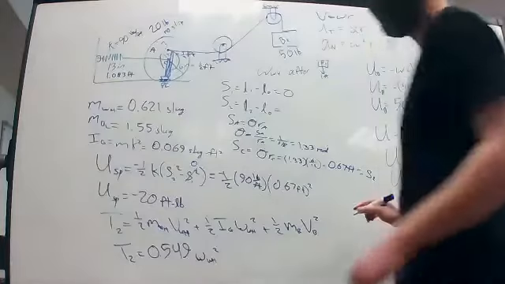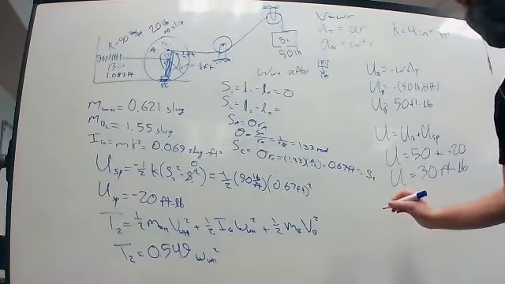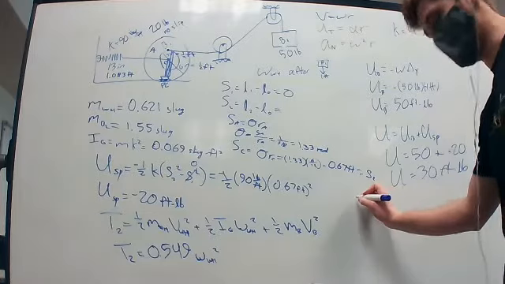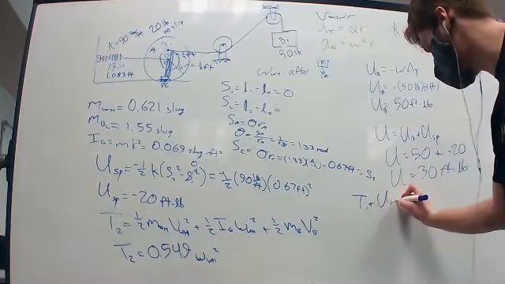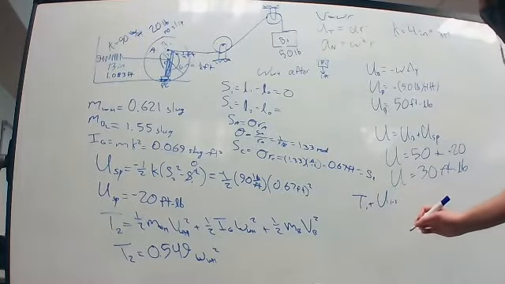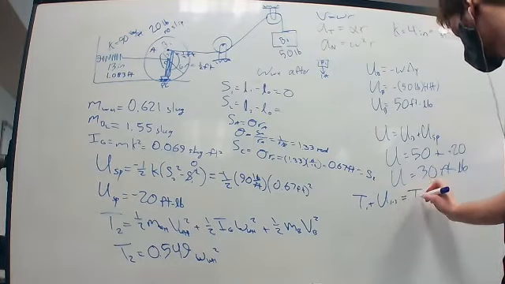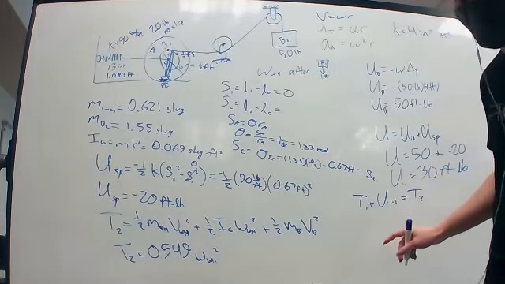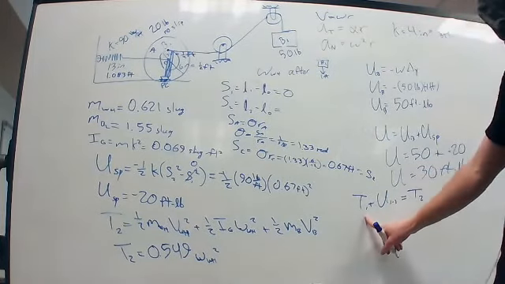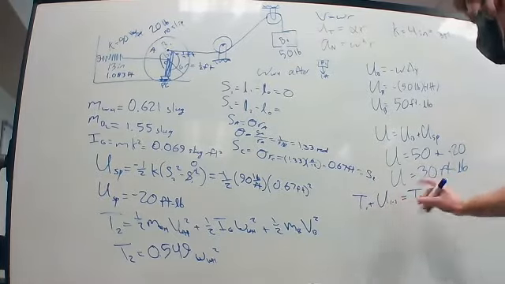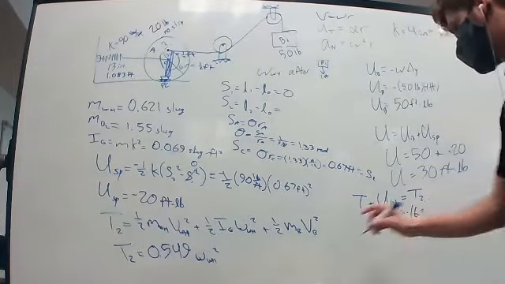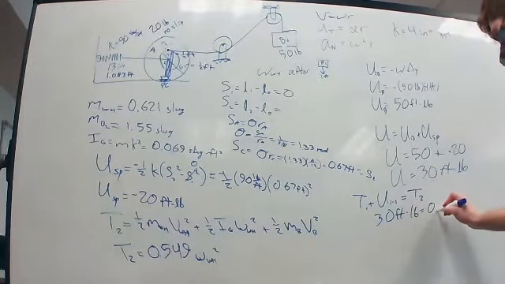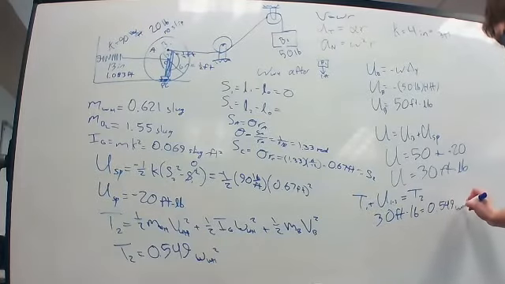And then based on the work energy relationship, we can say T1 plus U from 1 to 2 is equal to T2. And so all that means is that T1 is 0, like we said at the beginning. U is 30 foot-pounds, equal to 0.549 omega of the wheel squared.